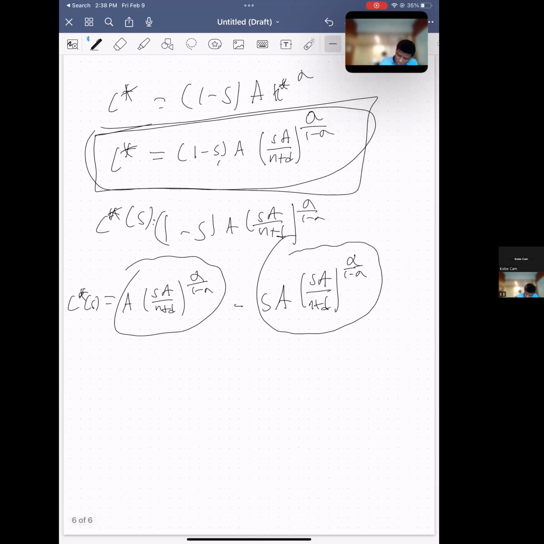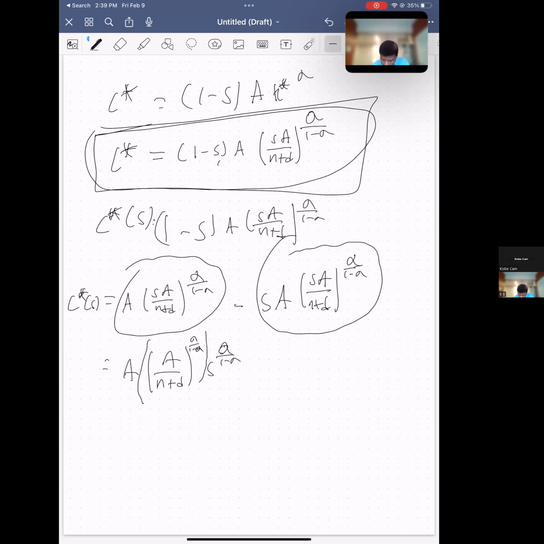So this is just the same thing as a times S to the a over 1 minus a, times (n plus d) to the negative a over 1 minus a.